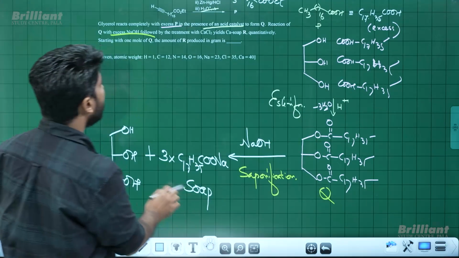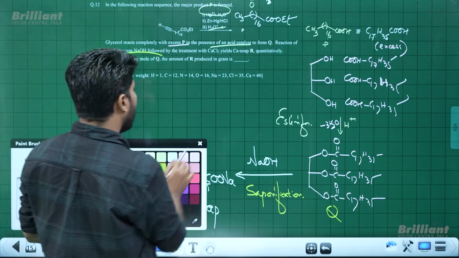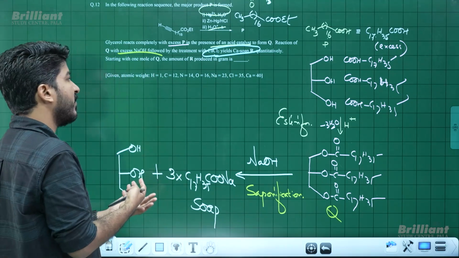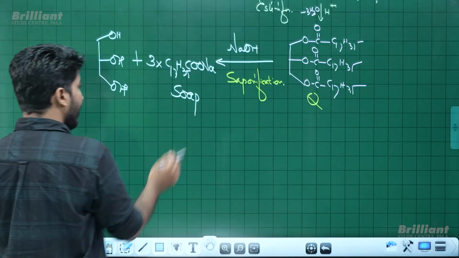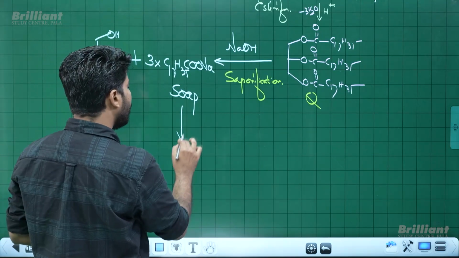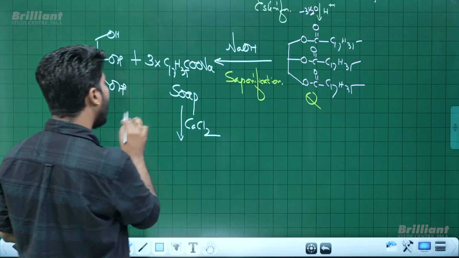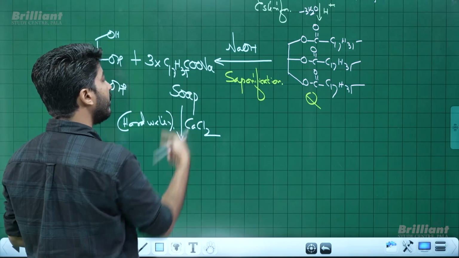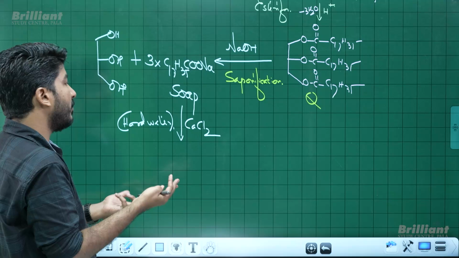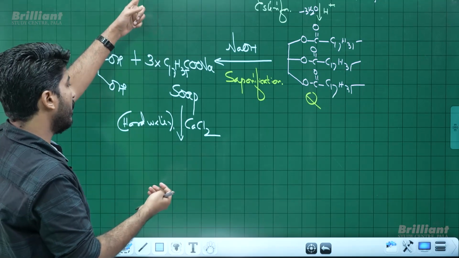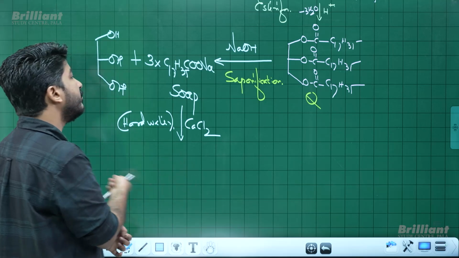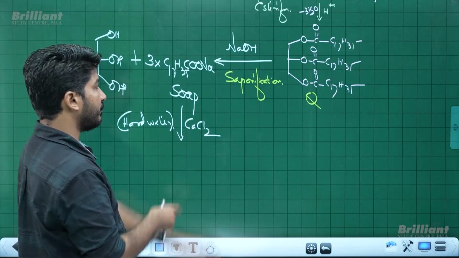Now what they are doing is treating this again with calcium chloride, and they get a compound R, which is a calcium soap. You know, there is hard water, and soap does not work in hard water due to complex formation, and that complex is called R. So calcium stearate is formed. Sodium stearate switches to calcium stearate with the removal of NaCl.